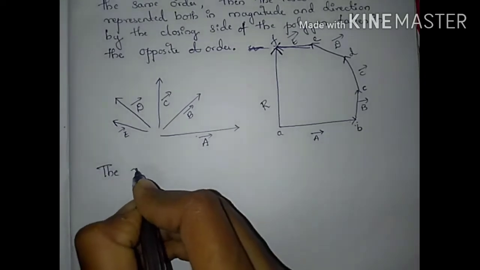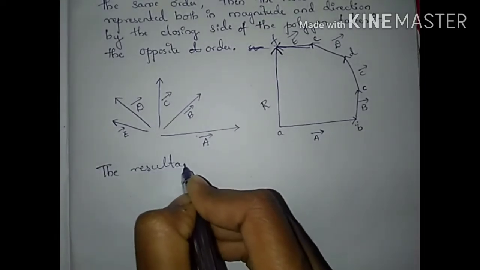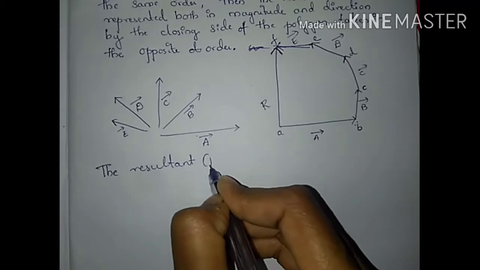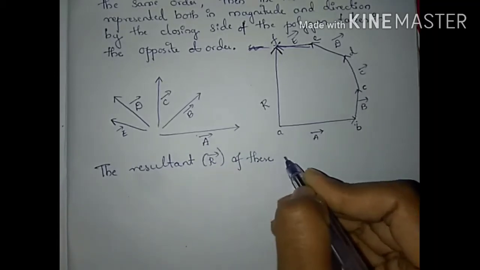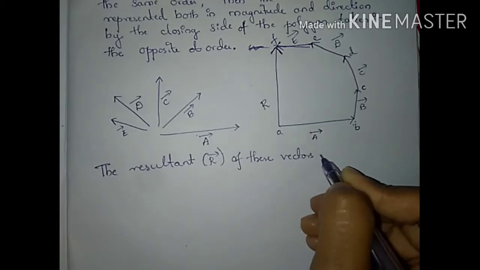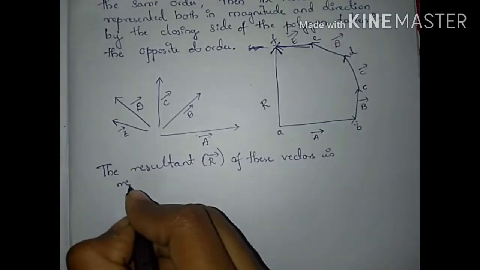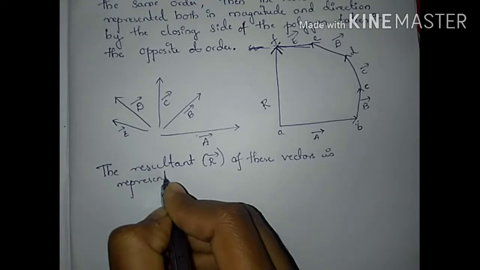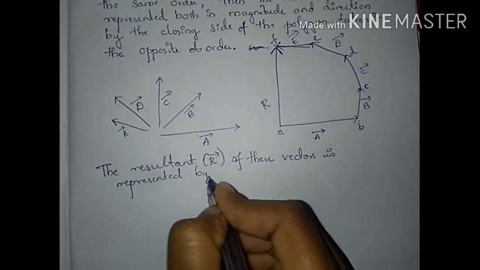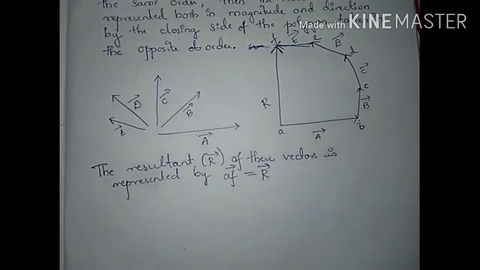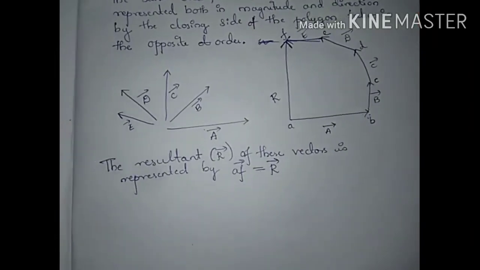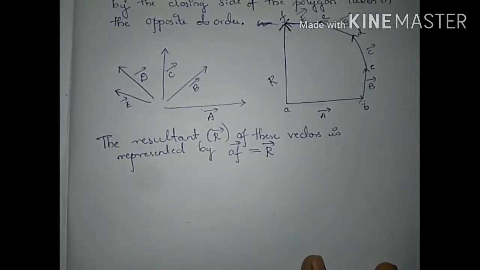So the resultant R of these vectors is represented by AF.